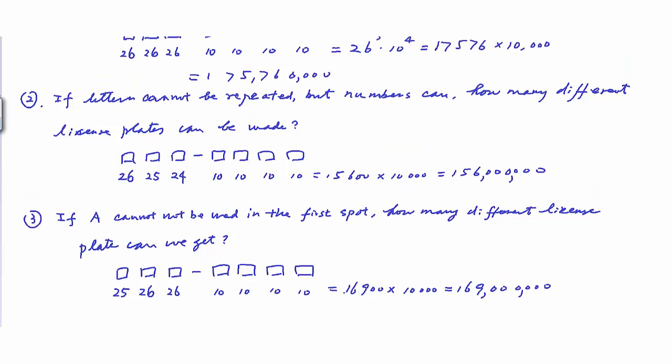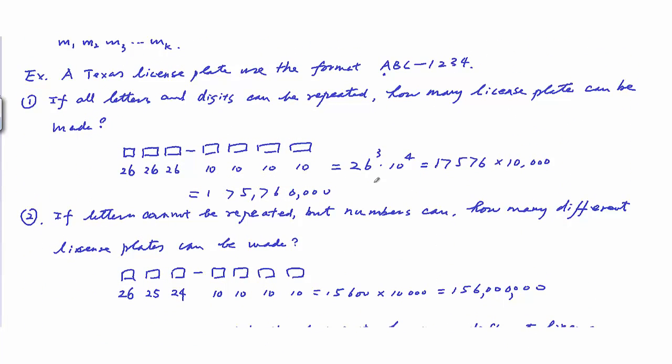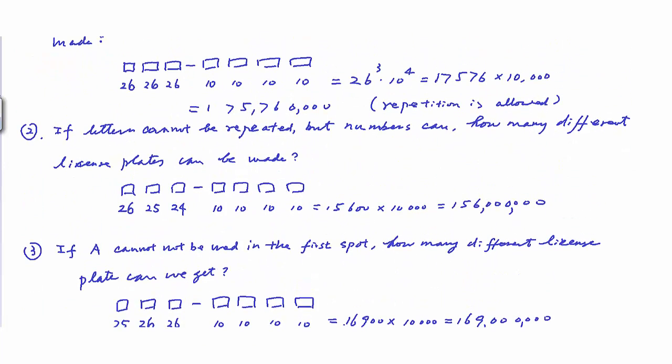If you look at these three examples, in this one, repetition is allowed. In the second case, repetition is not allowed. In this one, we didn't restrict repetition for the digits, but we restricted repetition for letters.